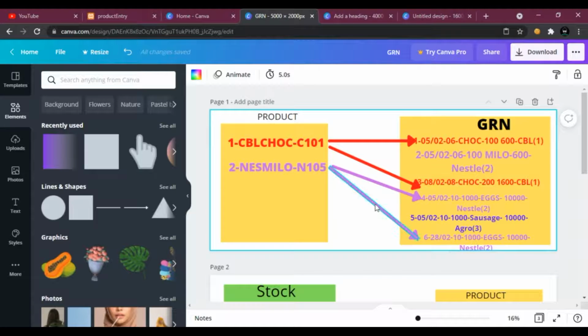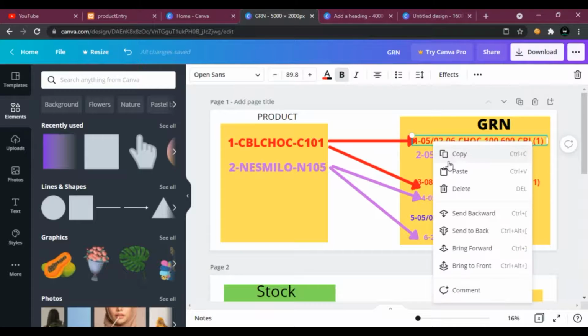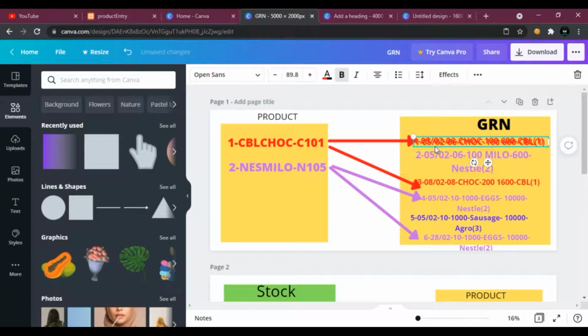But one GRN can have one product. Or if the supplier supplies two different products on the same date to the customer, like this, let's say like this. I'm out of space right now.